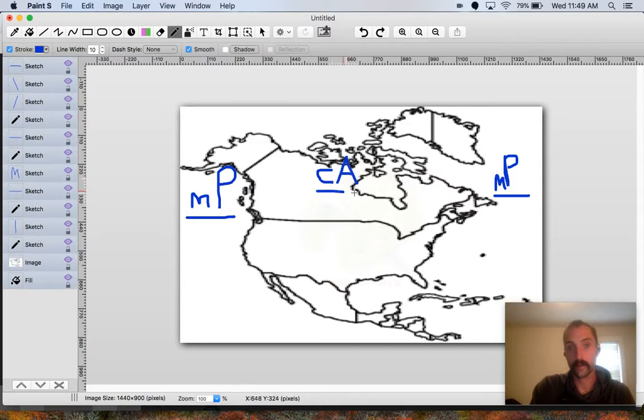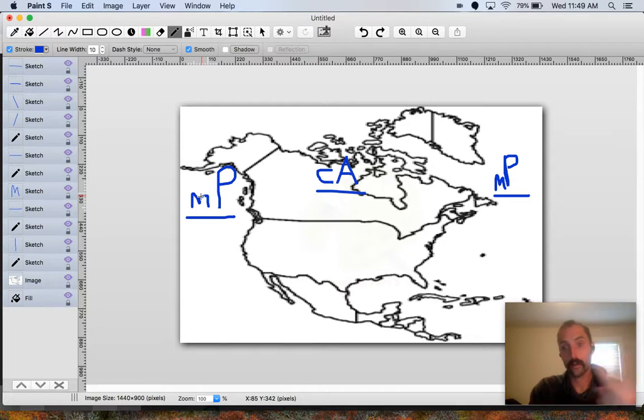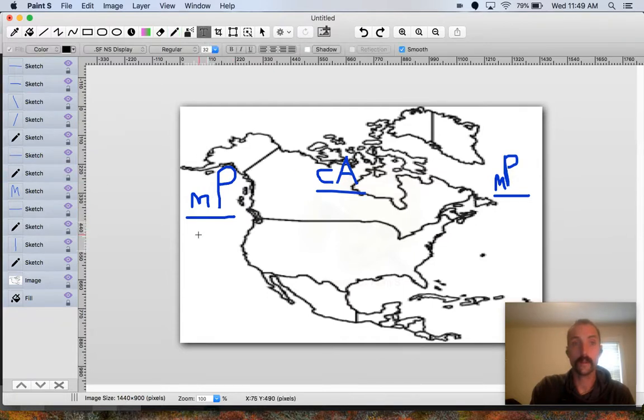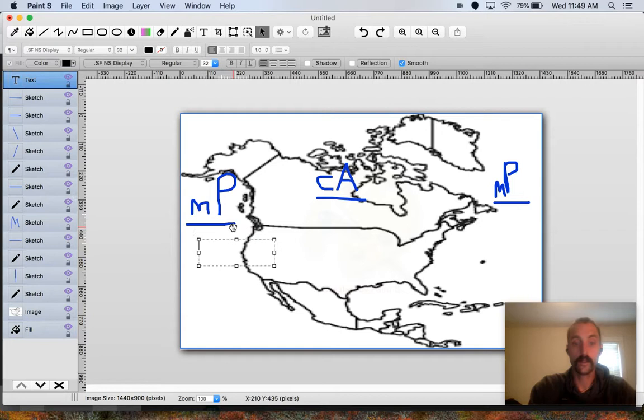So lowercase letters represent where the air mass is originating, whether it's over water, maritime, or over land, which would be continental. And then all of the polar and Arctic air masses are going to be cold. So we can go ahead and type down here in a box. We'll call this maritime polar.